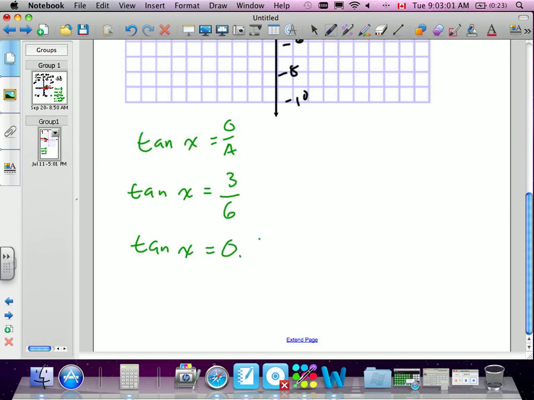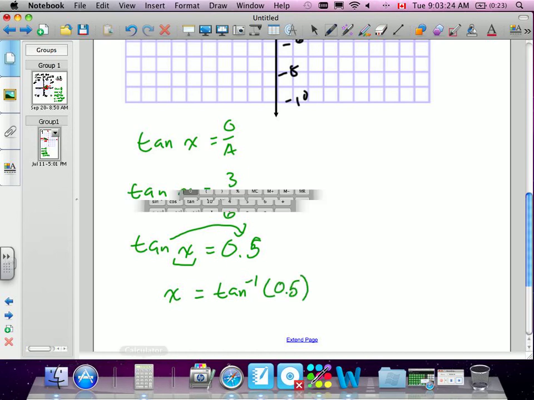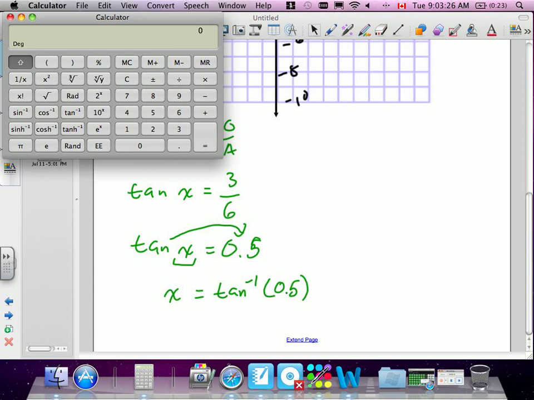I have to move tangent to the other side again because I'm solving for the angle itself. So when I move tangent, I get x is equal to... whoa, that's not right. x is equal to tangent to the exponent -1, and we plug 0.5 into that. So we take out our calculator: 0.5 to tangent -1.